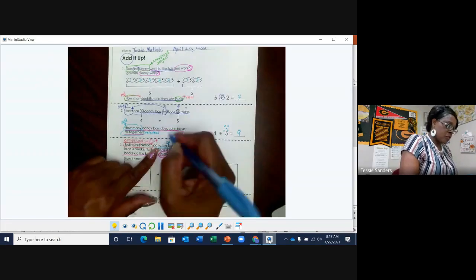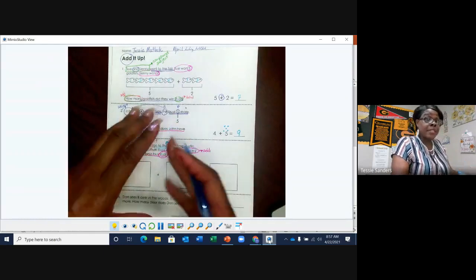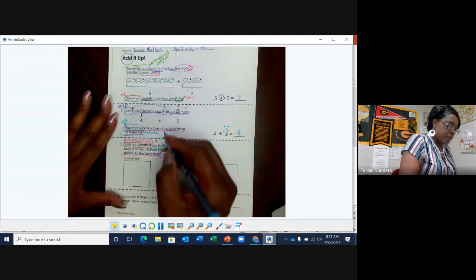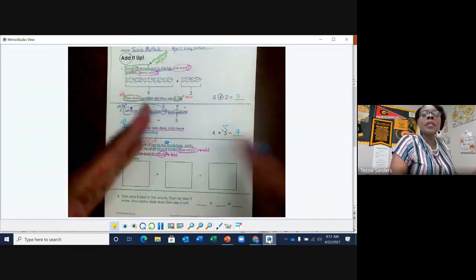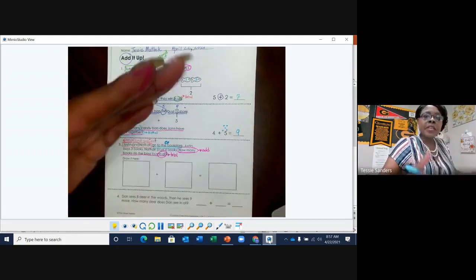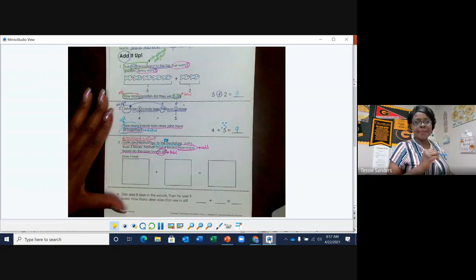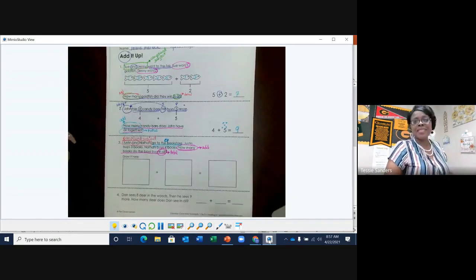I'll let CP stand for complete predicate, not compound. CP will stand for a complete predicate. It's a complete verb, a complete action. Go to the bookstore.